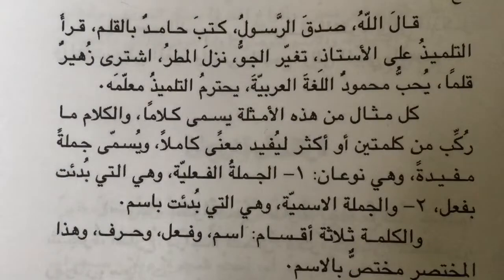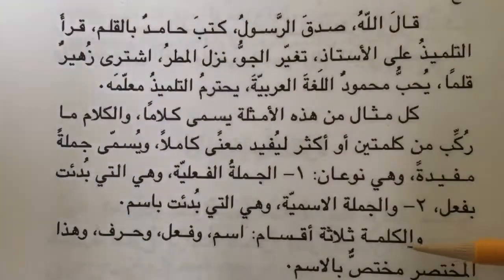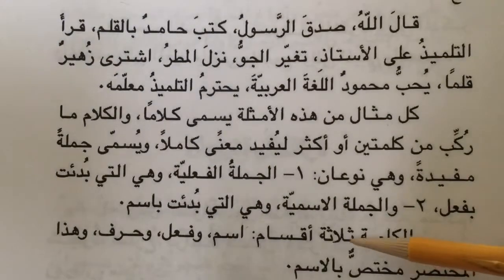A verbal sentence starts with a verb or a fi'al, and the nominal sentence, al-jumlatul ismiya, begins with an ism. And then he says, وَالْكَلِمَةُ ثَلَاثَةُ أَقْسَامٍ, and the word is of three types. It can either be an ism or a fi'al or a harf.